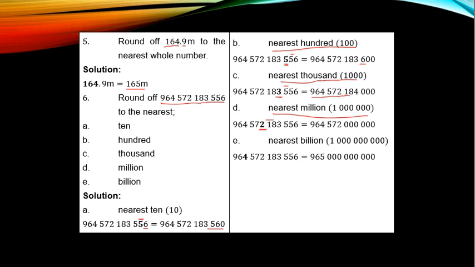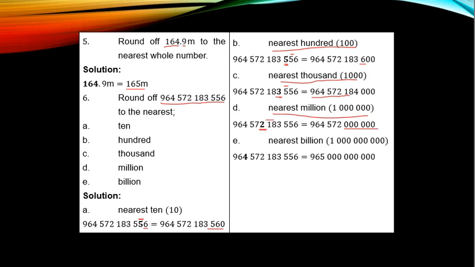If you round 1 down to 0, you add it to 2, it remains 2. After that, the digits 183,556 become 0. So you have 964,572 million. See that? The 6 zeros for millions are there.